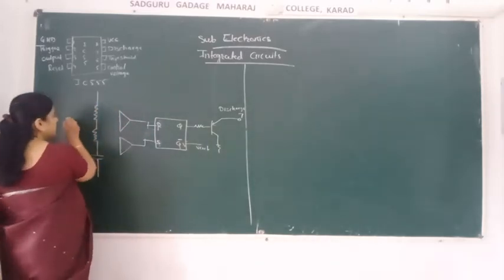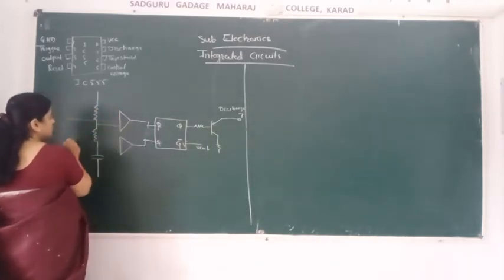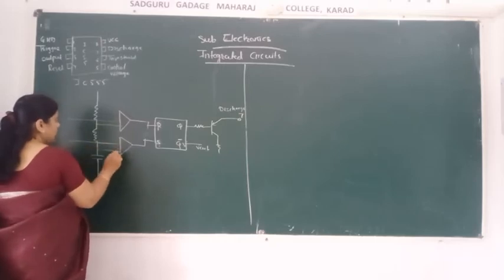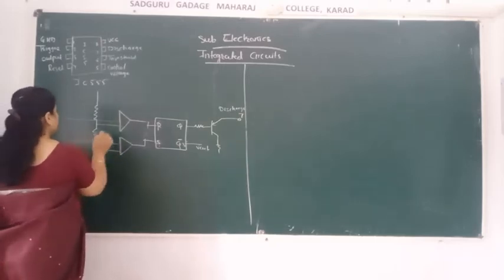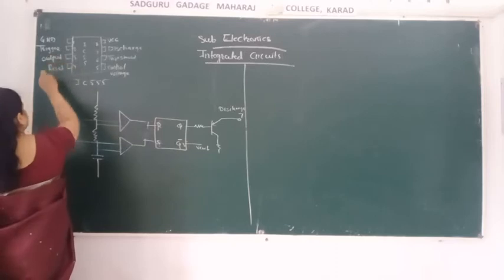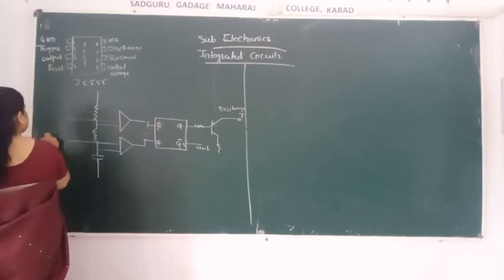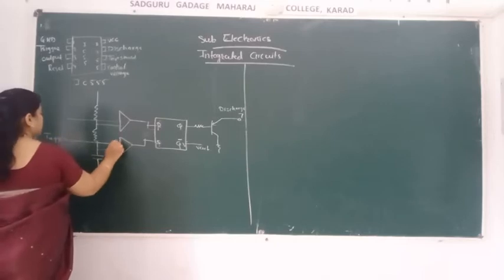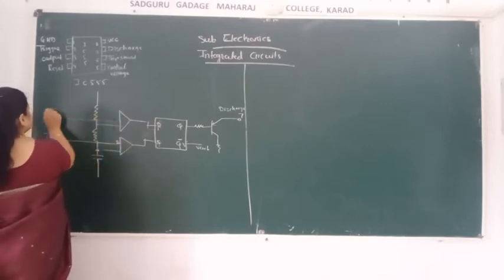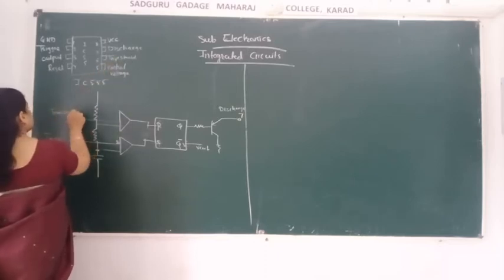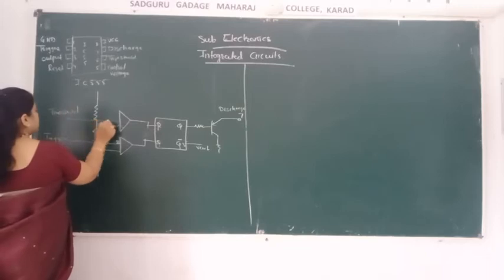Here it is connected to two comparators. One is for the input terminal, that is the trigger. Trigger is given to pin number 2, and threshold input is given to pin number 6.